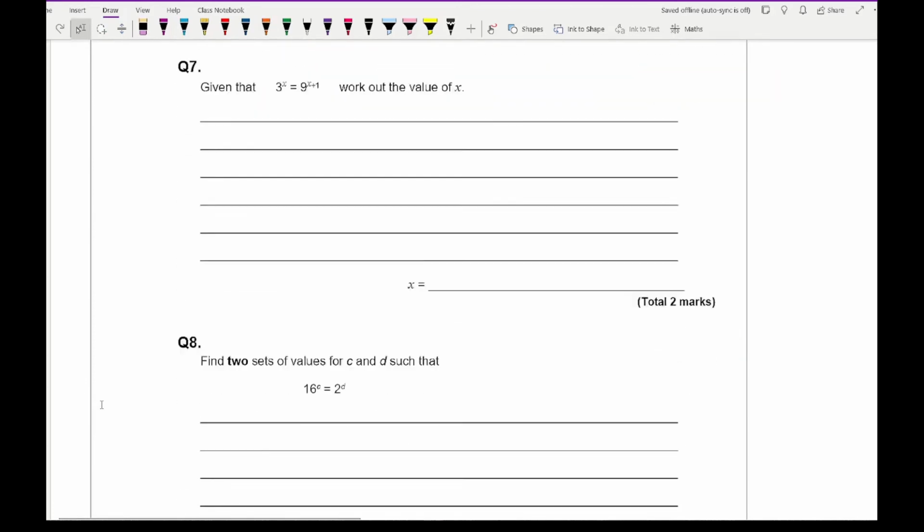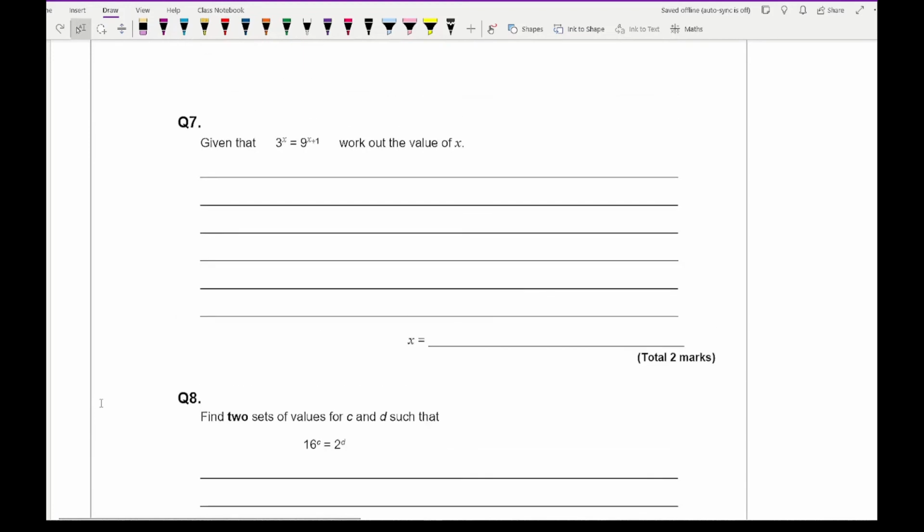Moving on to question 7, it says given that 3 to the power of x equals 9 to the power of x plus 1, work out the value of x. So again here what we want to do is rewrite 9 as a power of 3. So 3 to the power of x equals, and that's going to be 3 squared, to the power of x plus 1. Then what do we do to the powers when we've got brackets?